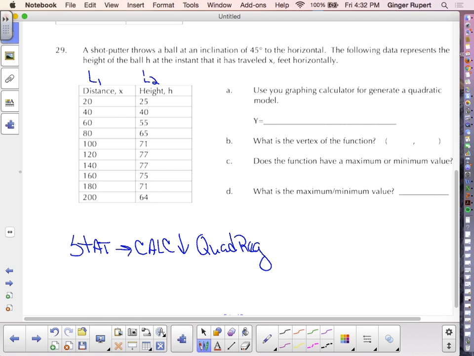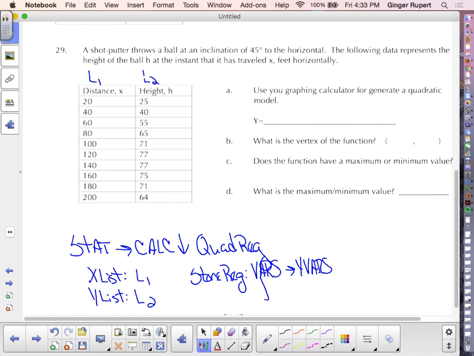When it comes up, you're going to check your X list to make sure that it says L1. Y list should say L2. Then when it says Store Regression, you're going to go to the vars key, arrow over to Y vars, and then I think you hit enter 4 times. So hit enter 4 times, it should be there.